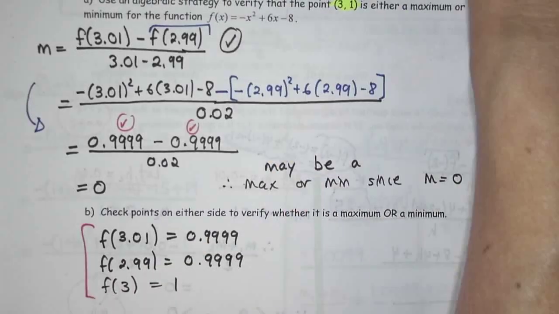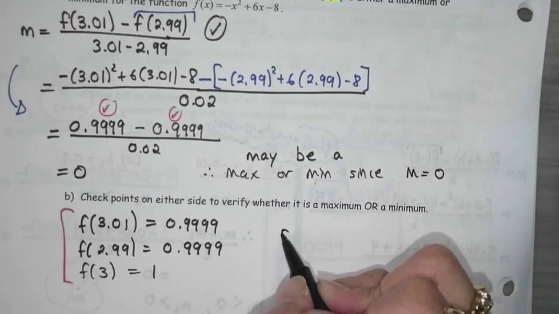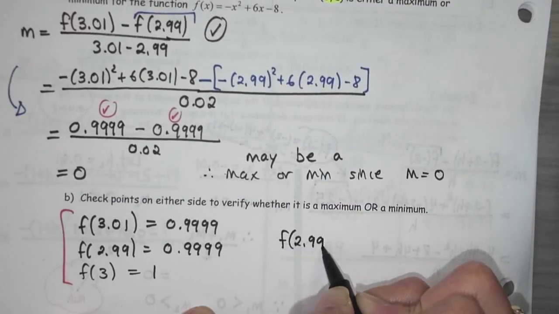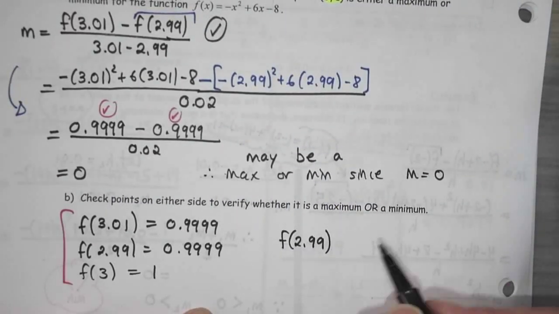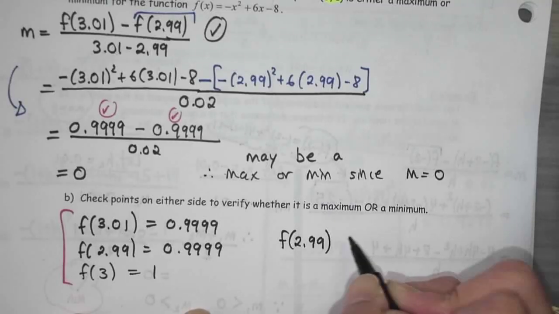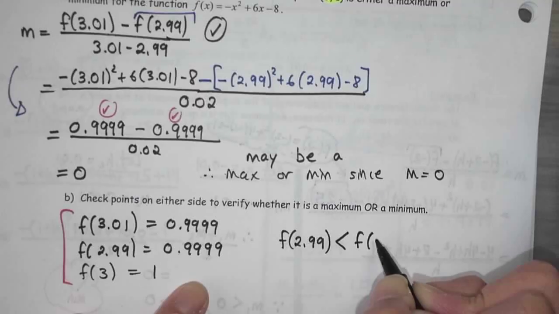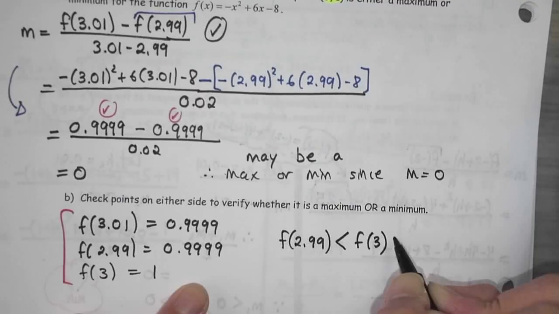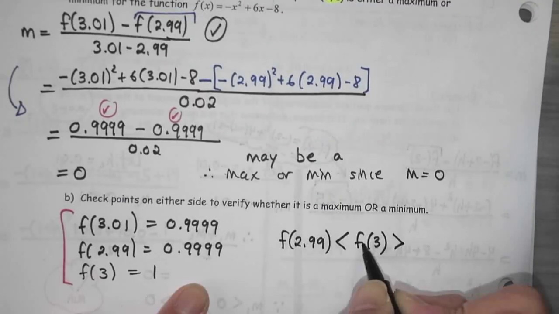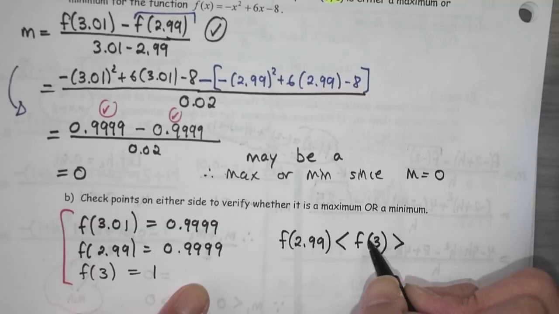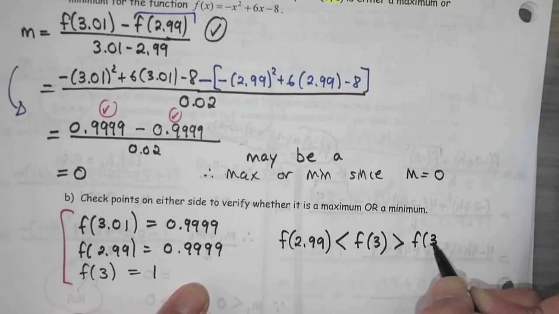If you wanted to, you could just write the conclusion, which is that F at 3 is greater than F at 2.99 and also greater than F at 3.01.